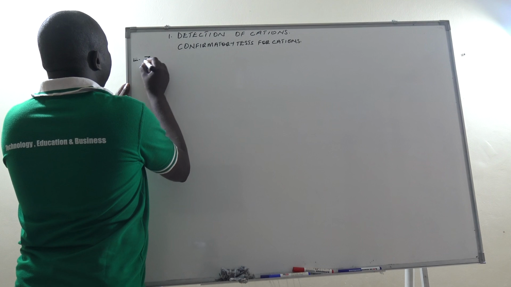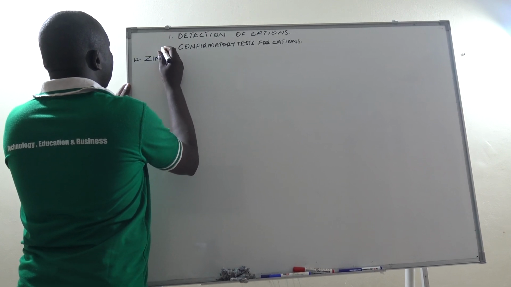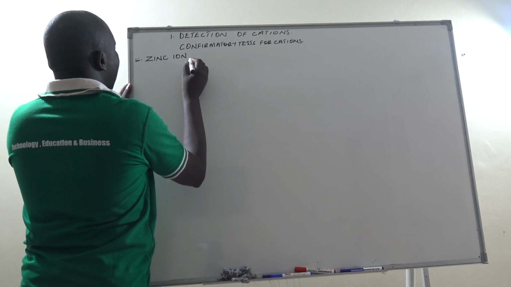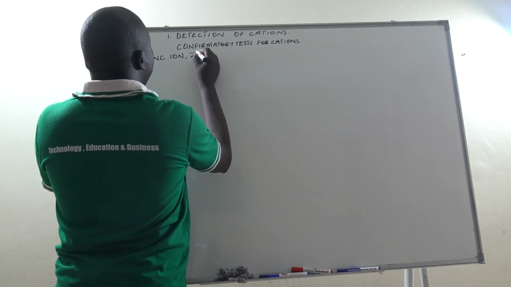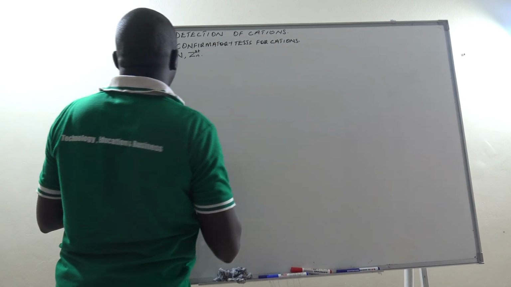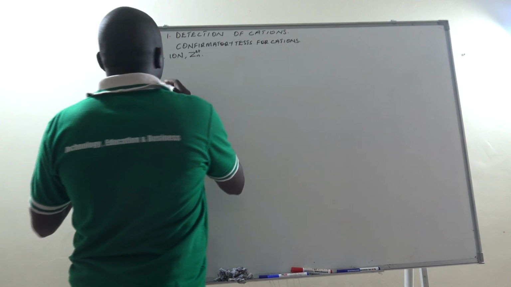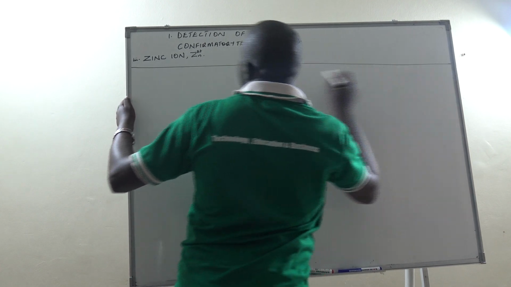Let us look at zinc, which is part of our ZAP. We had already looked at this one here. So the confirmatory test for zinc ion. Let me maintain our table for test, observation and deduction.